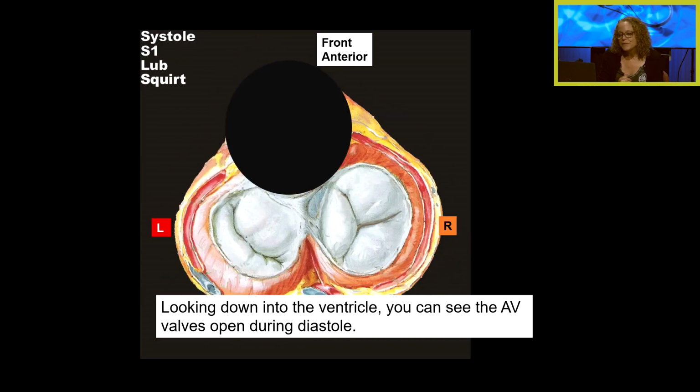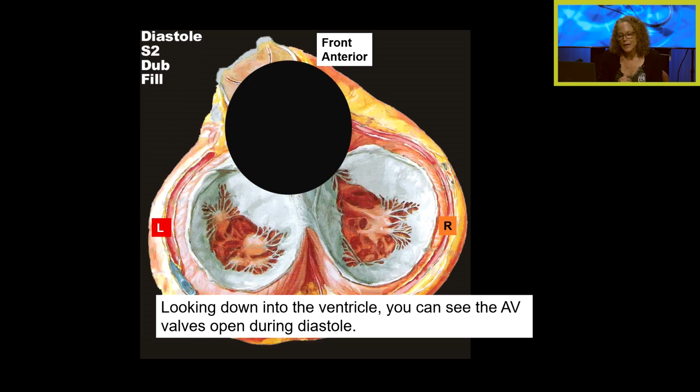We're looking at the AV valves opening, all right? So these are the valves that separate the atrium from the ventricles, and we can see them opening and closing during contraction, right?